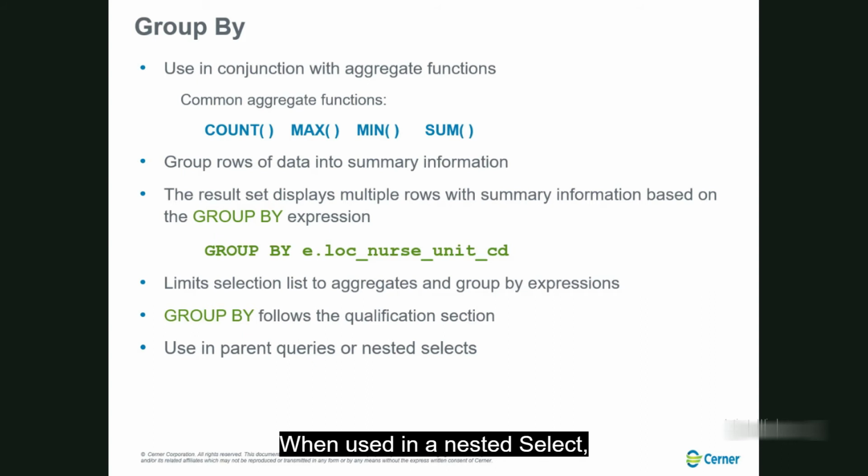When used in a nested select, an aggregate with a group by can help us qualify on specific data that our parent query can then expand on. An example of a use in a nested select could be the max on a date time field, like the original order date time field on the orders table to get the most recent order for each person.